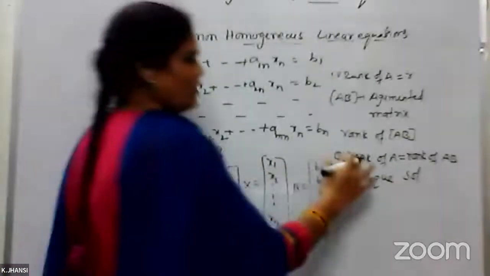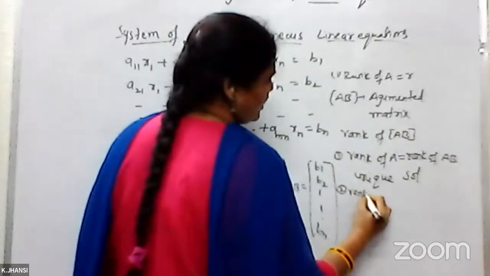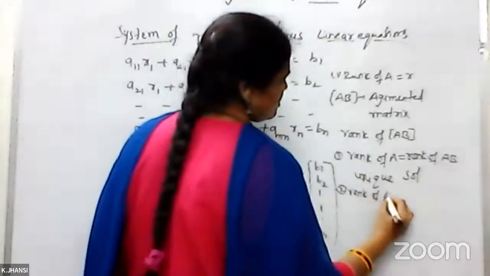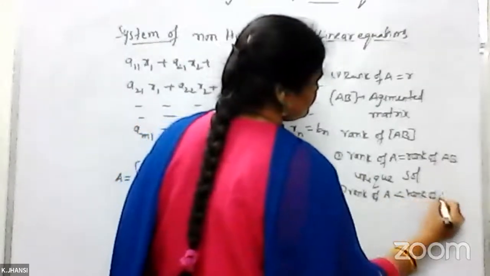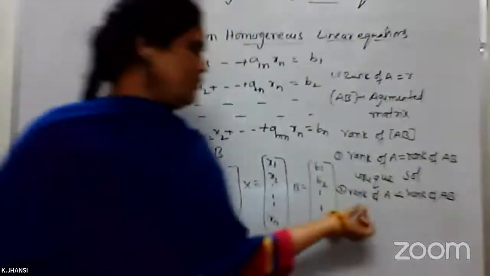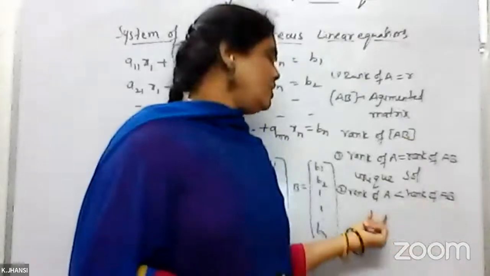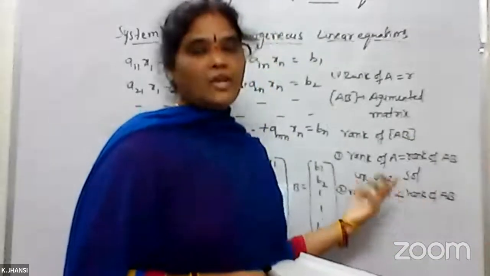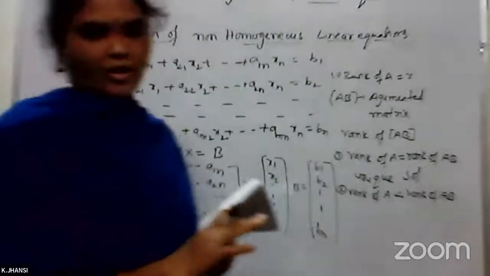And if rank of A is less than rank of AB, that means if this value is smaller than whatever AB is, then in that case you will get infinitely many solutions.